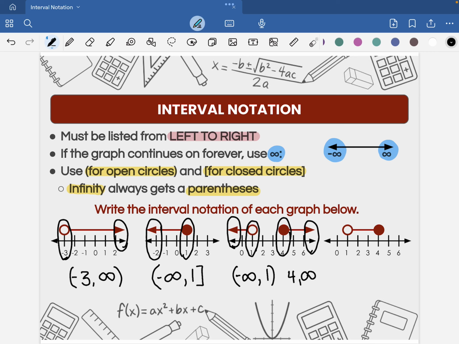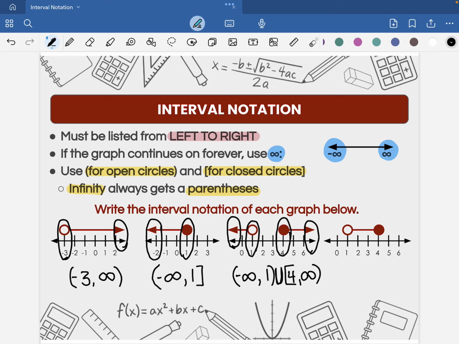The 4 is a closed circle, so it gets a bracket, and then we put a parentheses with all infinities. If you're trying to combine two separate intervals that have a gap in between the two intervals, you need to write a little u. It stands for union, meaning we're combining those two intervals together even though they're not connected.